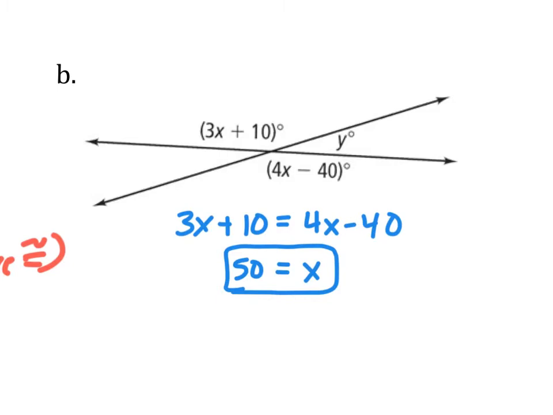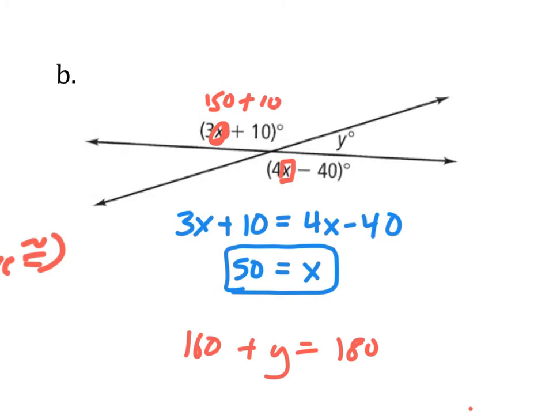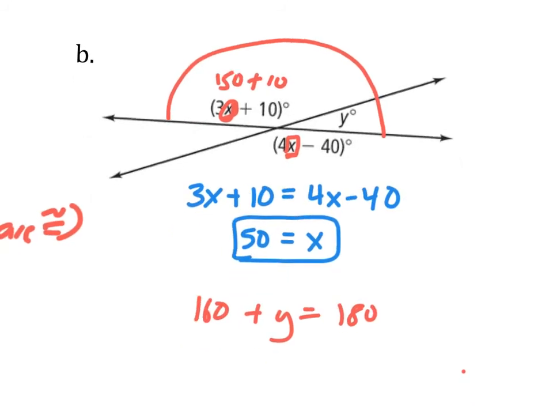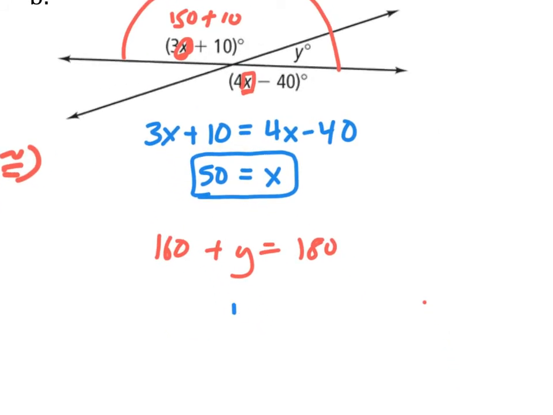When I plug 50 back in right there, this is going to give me 150 plus 10, so that means 160 plus y is equal to 180. Why is that true? Because these are two pairs that are linear. Linear pair are supplementary. And now the value of y is simply 20. And there we go.